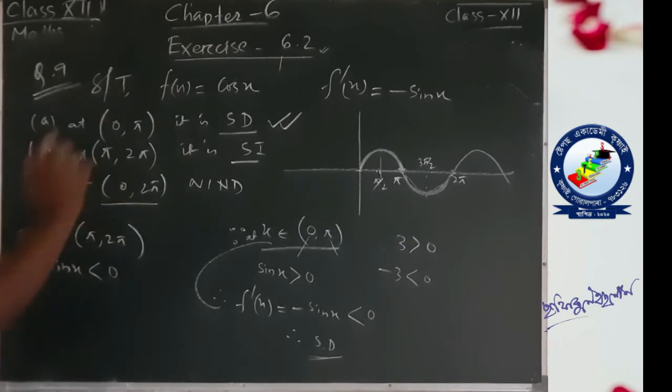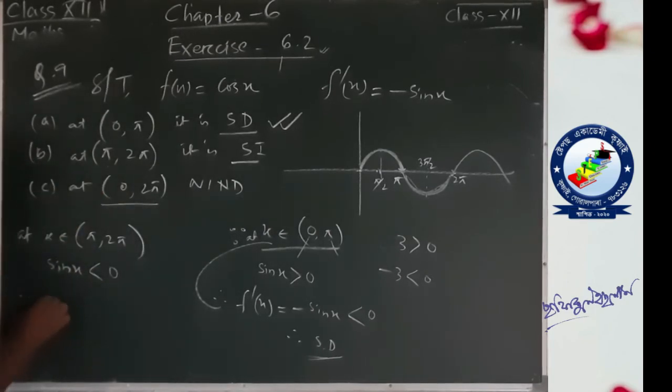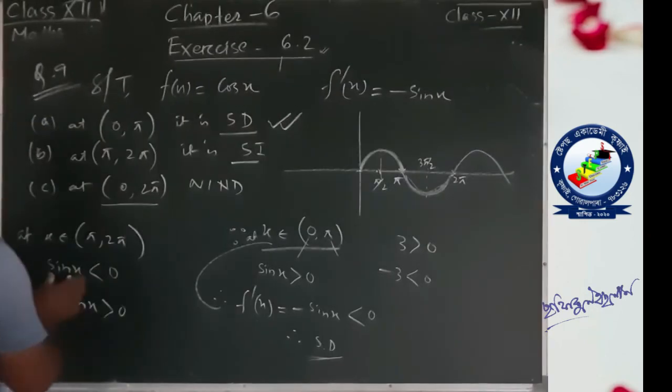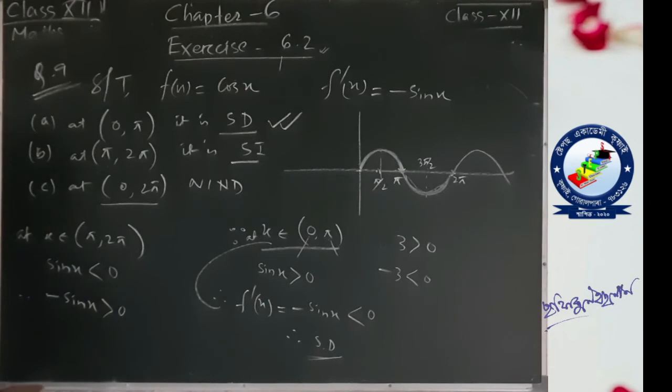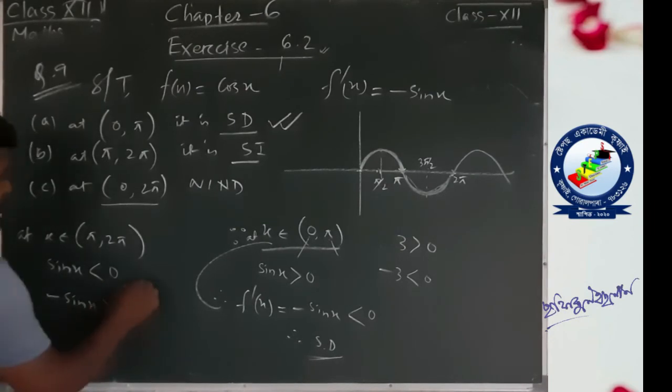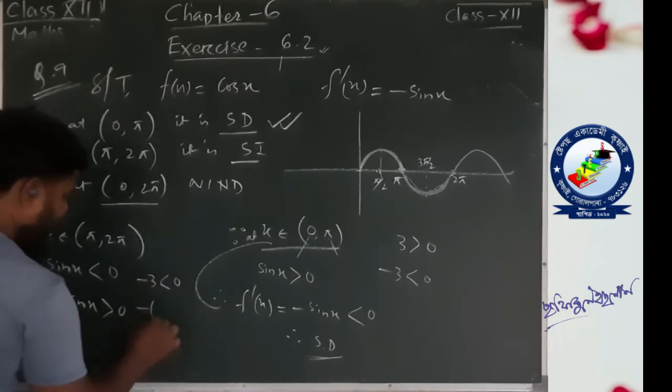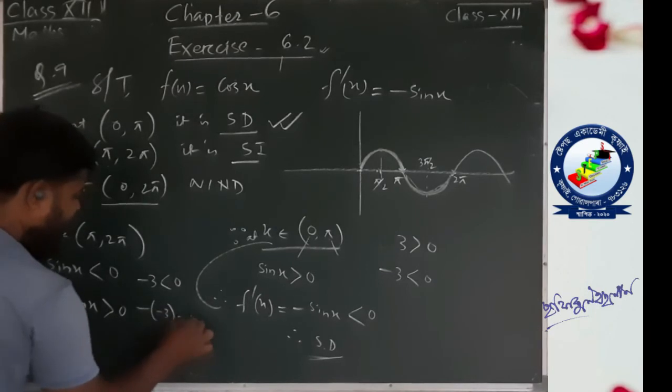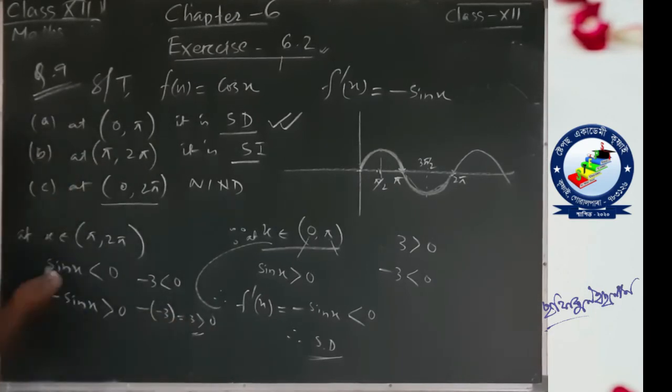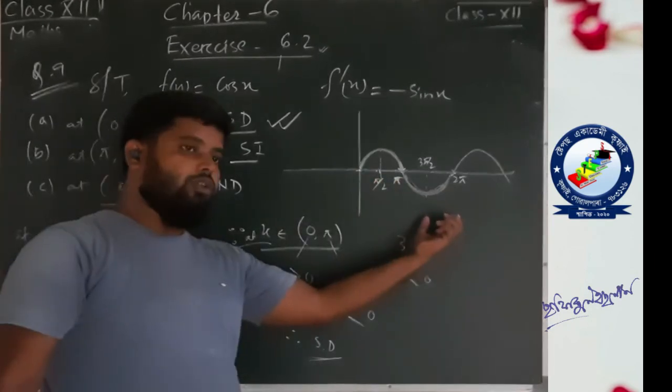It is clear from here. So now, therefore, minus sin x will be what? Greater than 0. It will come out positive. This is negative, then minus will be positive, right or wrong? Suppose minus 3 is less than 0. Now minus of minus 3 is what? 3. This is greater than 0. So the same thing happens. At this particular point, this function is less than 0, meaning negative.